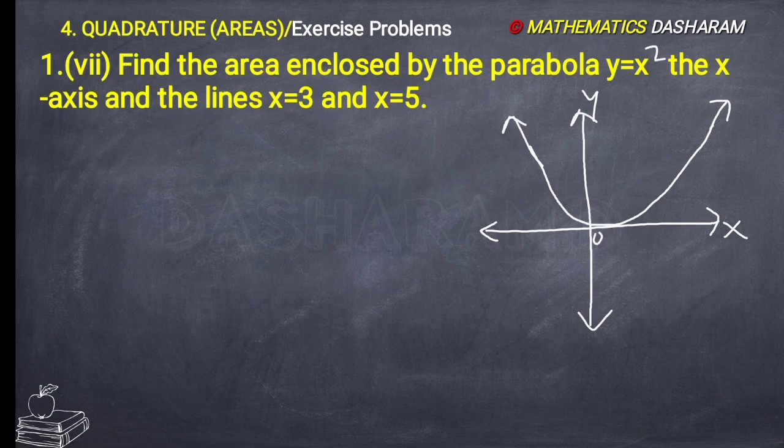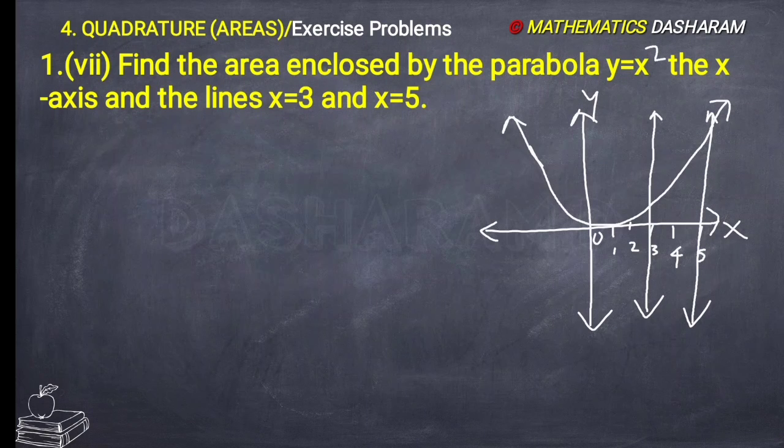So here 0, here 1, 2, here 3, here 4, next here 5. Now the ordinates are x equals 3, x equals 5. Here x equals 3. Next x equals 5. Okay, so here we have to shade this area, we have to find out.